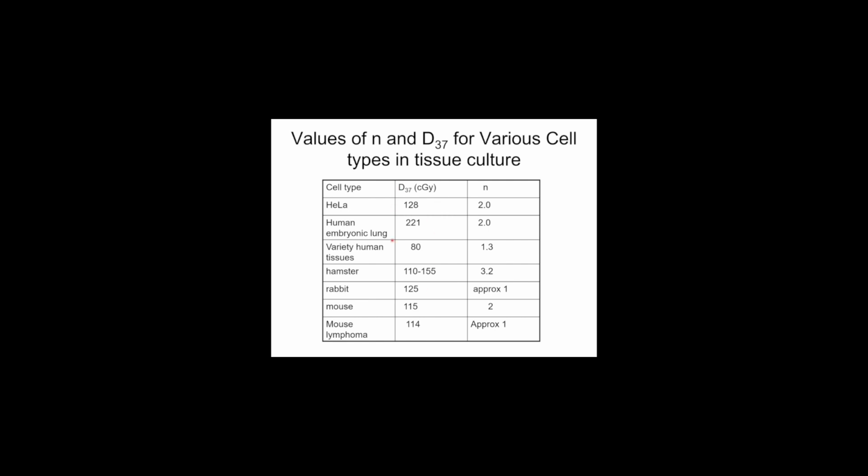It goes from 80 up to maybe 200 for the most resistant cells. The most radiosensitive are a few radiosensitive cell lines, but it's a log's worth of difference maybe. It's not much more than that. The n values vary as well, but it depends on the cell type one is comparing.